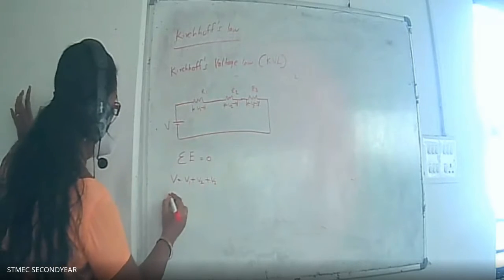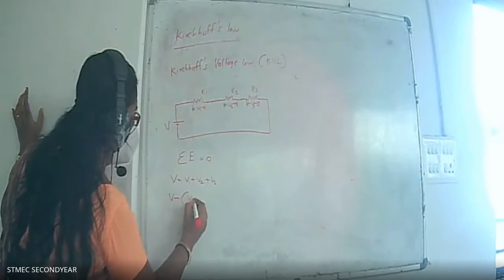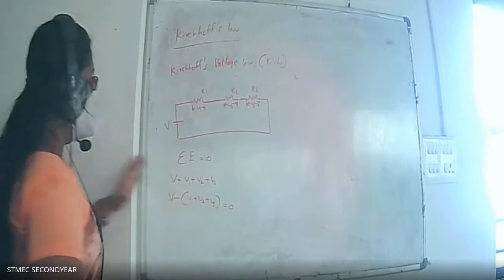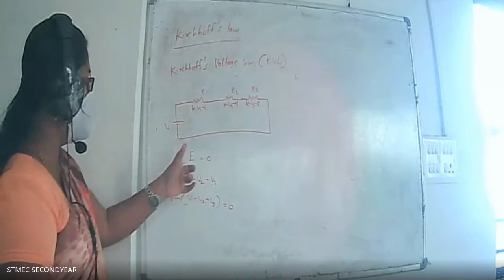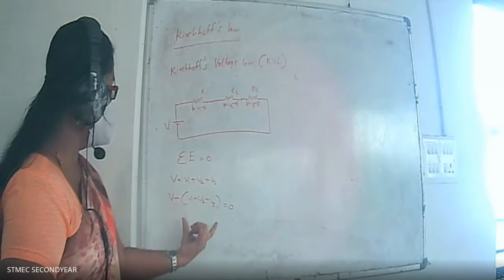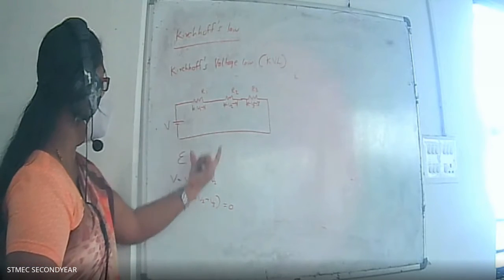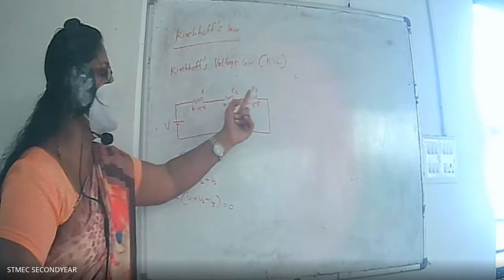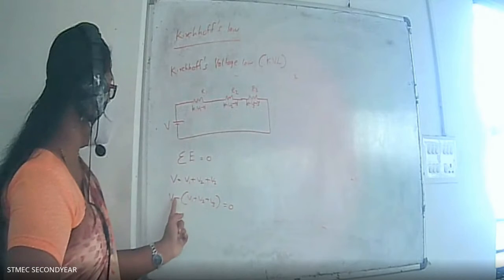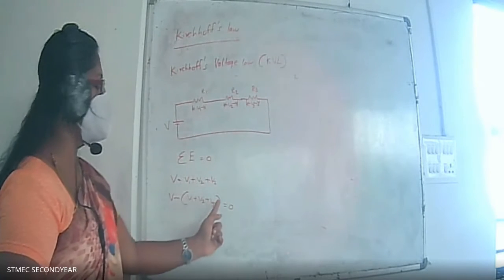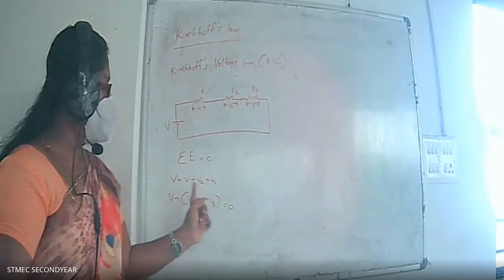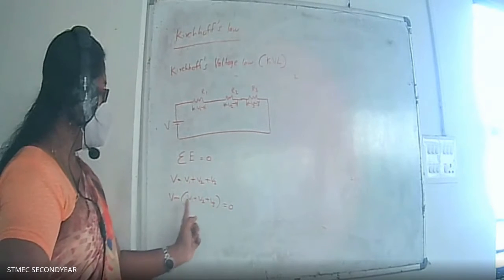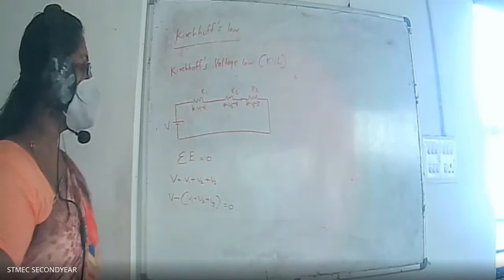Either we can write sigma V equal to 0, that is the definition, or V equal to V1 plus V2 plus V3, that is another definition, or V minus (V1 plus V2 plus V3) equal to 0. So we are taking all these quantities to the left side of the equation, okay?